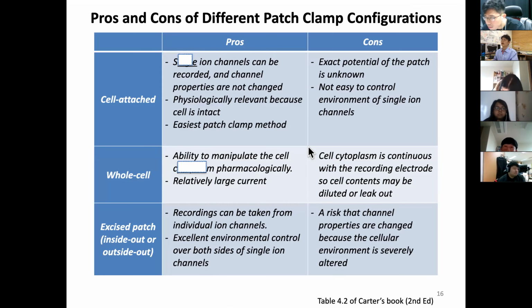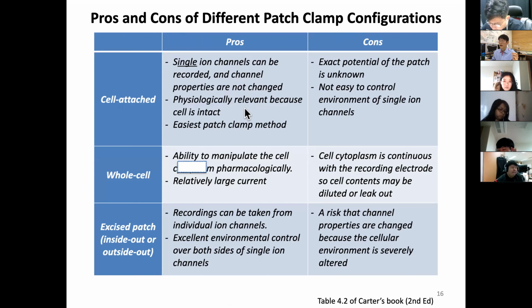All right, so now let's compare the pros and cons of the different patch configurations. So cell attached mode, the good thing is we can study single ion channels. We can study channel properties, which will not change.